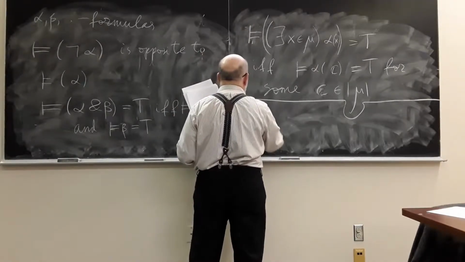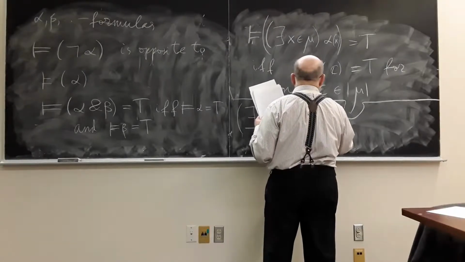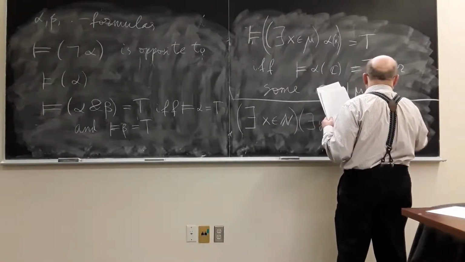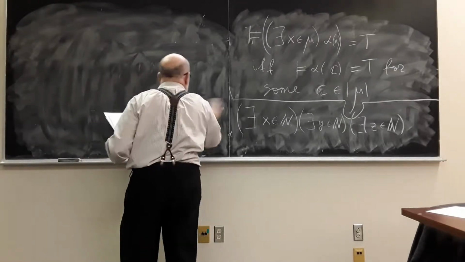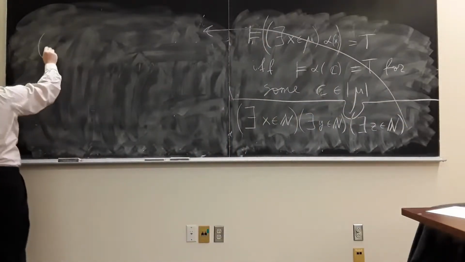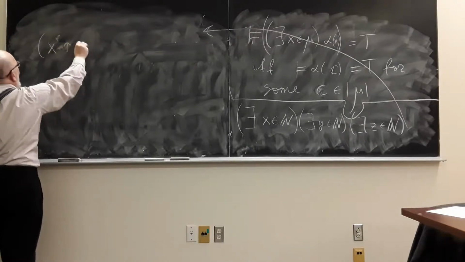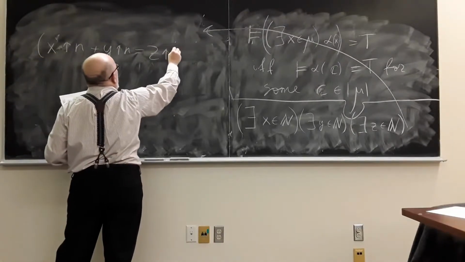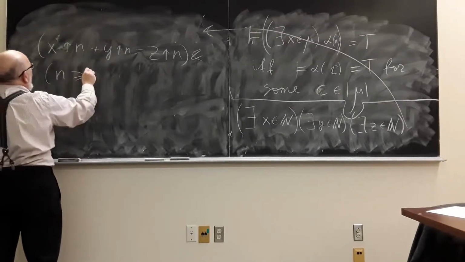There exists x in n, there exists y in n, there exists z in n such that x to the power n plus y to the power n equals z to the power n, and n is more or equal than 3.